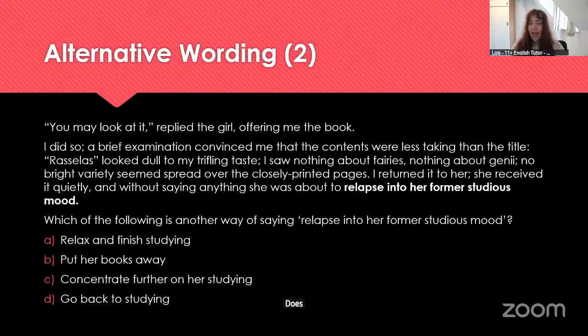Does this mean A, relax and finish studying? B, put her books away? C, concentrate further on her studying? Or D, go back to studying? So, think about the word former, think about the word studious, think about relapse, and let's see what you guys think.